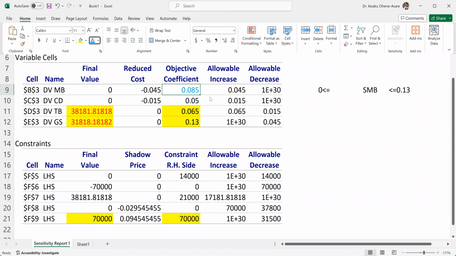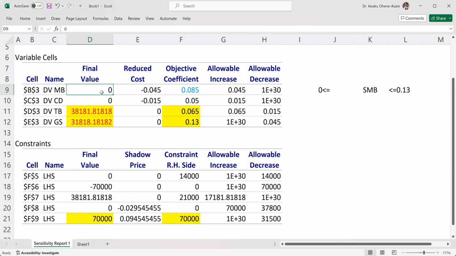It means that currently the interest rate is 8.5%, which is not good enough for Ama to invest in municipal bonds. That is why I'm putting nothing into municipal bonds. Zero. Because the interest rate was not attractive enough for Ama to invest there.